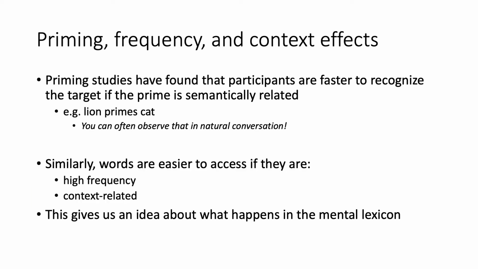Priming studies have found that participants are in fact faster to recognize the target if the prime is semantically related. So if you see the lion and then you are asked to respond to a cat, you're going to do better than if you didn't see the lion before.